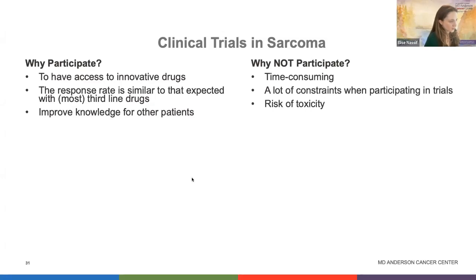Why not to participate in a clinical trial? The biggest reason is it's going to be very, very time consuming. You're going to have to come more often in the hospital. There might be biopsies. There's going to be more lab work. So you do want to ask your research team before participating in the clinical trial, exactly what is going to be the schedule of the visits, the biopsies, and the scans.